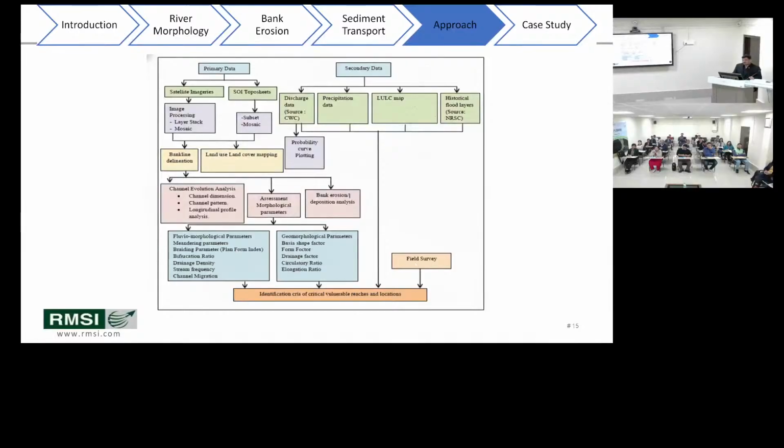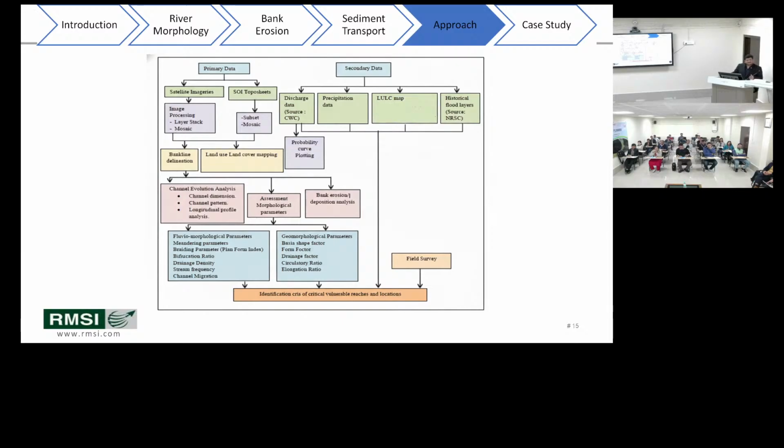Coming to the methodology adopted for bank line shifting, this methodology has been adopted by various researchers to see how much bank line shift has taken place in the river. Here we have collected two data sets, primary and secondary. Secondary is mostly discharge, precipitation, and LULC maps developed by different agencies, and in the primary data set we use satellite images and topography.